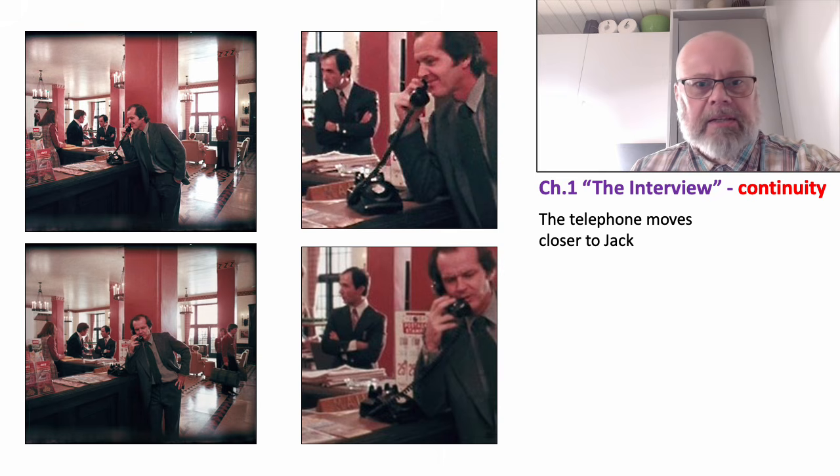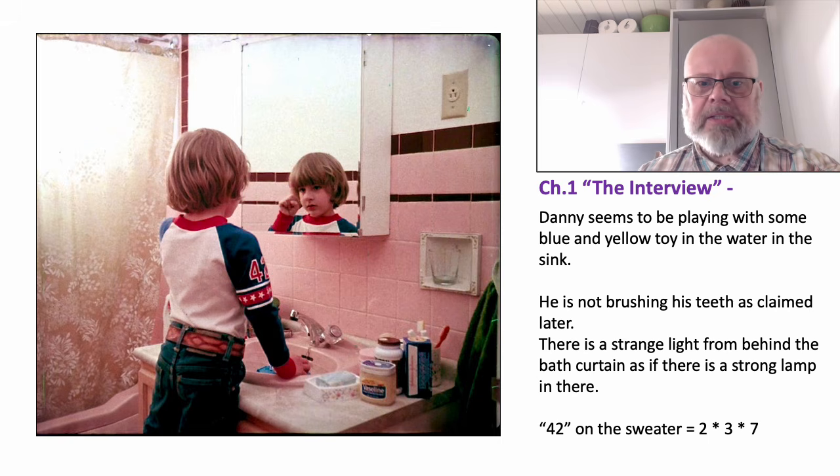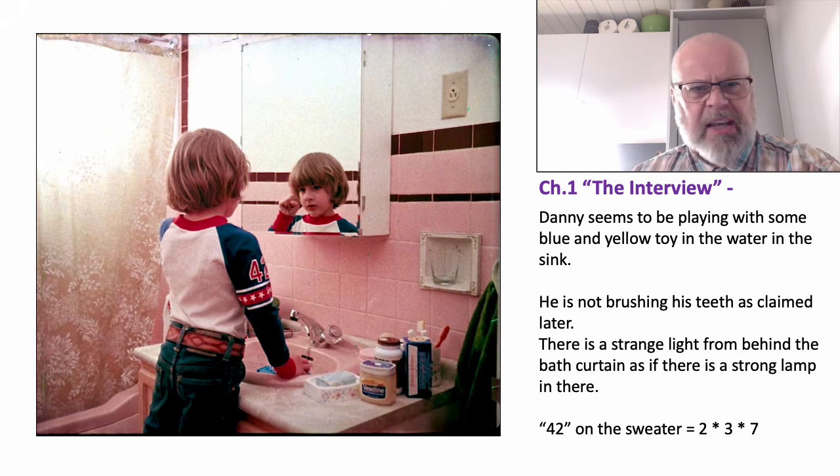Continuity. Basically, the telephone moves closer to Jack. Danny seems to be playing with some blue and yellow toy in the water in the sink. He is not brushing his teeth as claimed later. There is a strange light from behind the bath curtain as if there's a strong lamp in there.